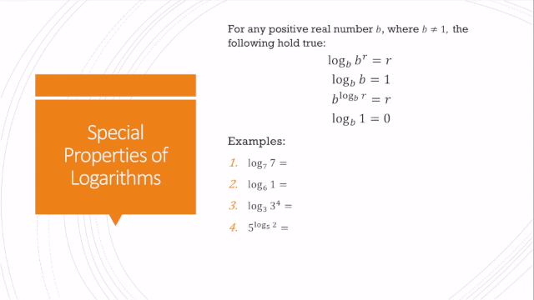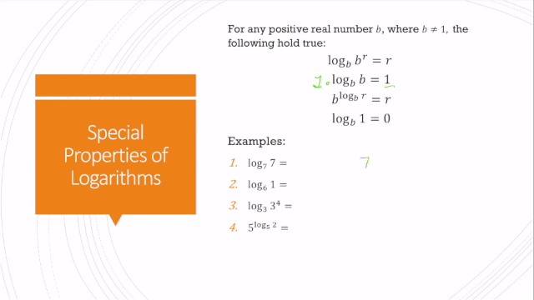So let's talk about some special properties of logarithms. Let me work through some examples. For example 1, we're going to use this rule right here. If I have log base 7 of 7, that's always going to give me 1. Why does that work?